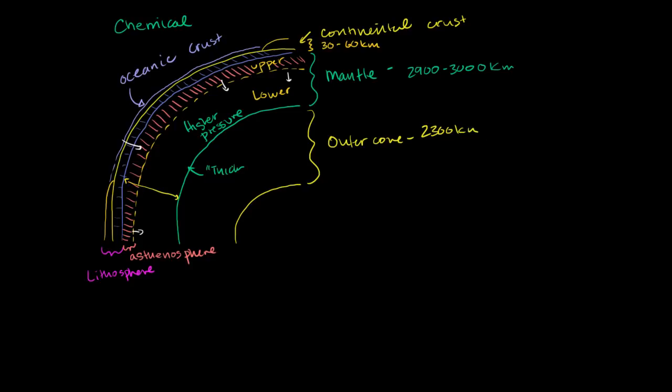And then you have your inner core. I shouldn't do it in blue, I should do it in a hot color. So the inner core right over here takes us to the center of the Earth, and that's a little over 1,000 kilometers thick. The number I have is about 1,200 kilometers thick.